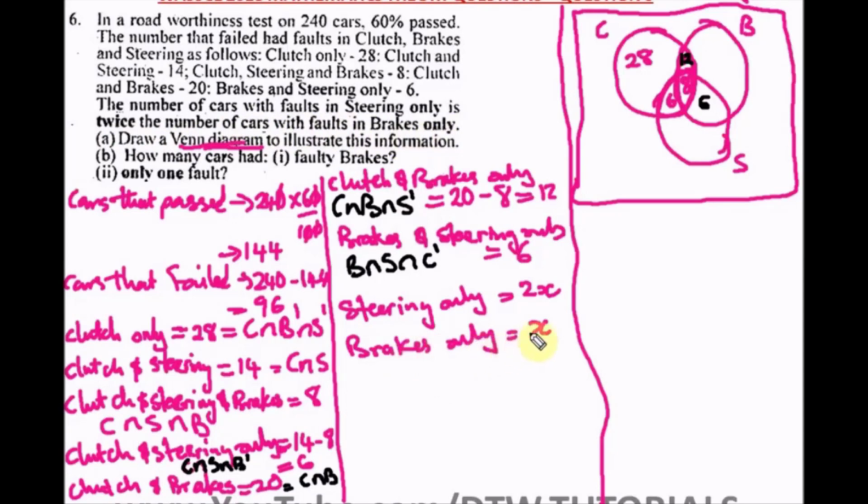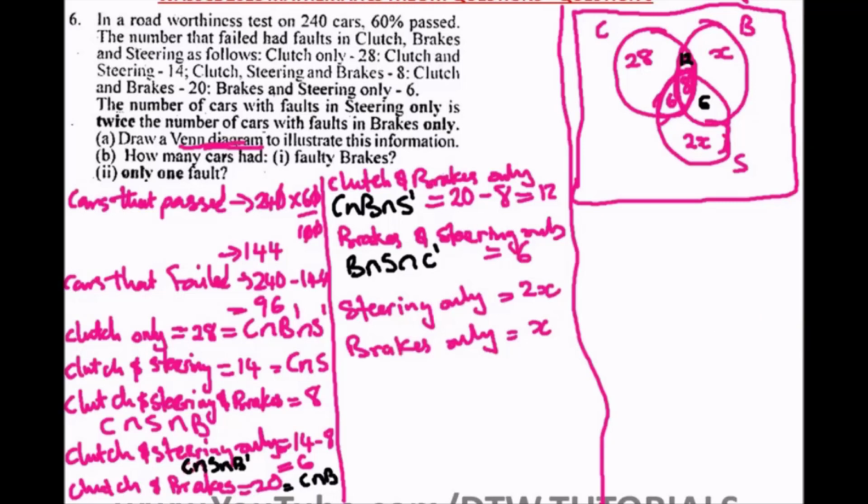So we have brakes only. It's twice the number of cars in brakes only. So let's say brakes only is x. So steering only will be 2x. That's what we can interpret from this statement. And where is this represented on our Venn diagram? Brakes only is this part of the diagram, which will give us x. And steering only is this part, which will be 2x. All right, so that's the interpretation.